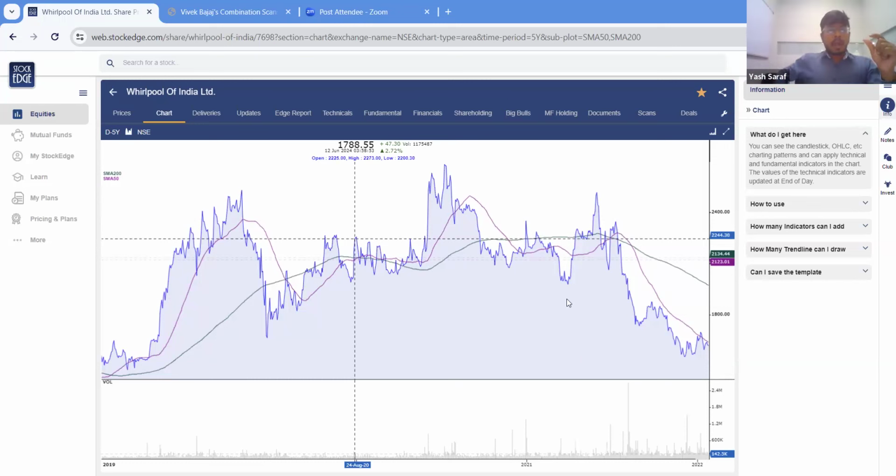So basically, if you want to trade SMA or EMA, you will have to understand that whenever any smaller SMA number crosses above a bigger SMA number, then it is a bullish trend. And if the smaller SMA number crosses below the longer term SMA number, then it is a bearish trend.